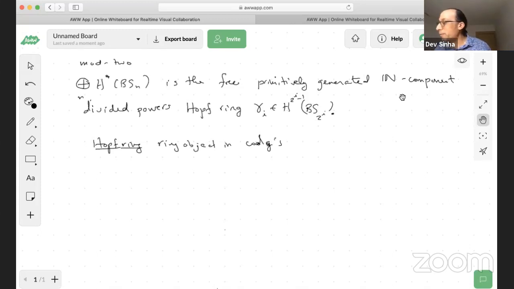For those who are watching in video, you can go back to the homology of Eilenberg-MacLane spaces. So in this case, that means you've got 2 products and 1 coproduct.